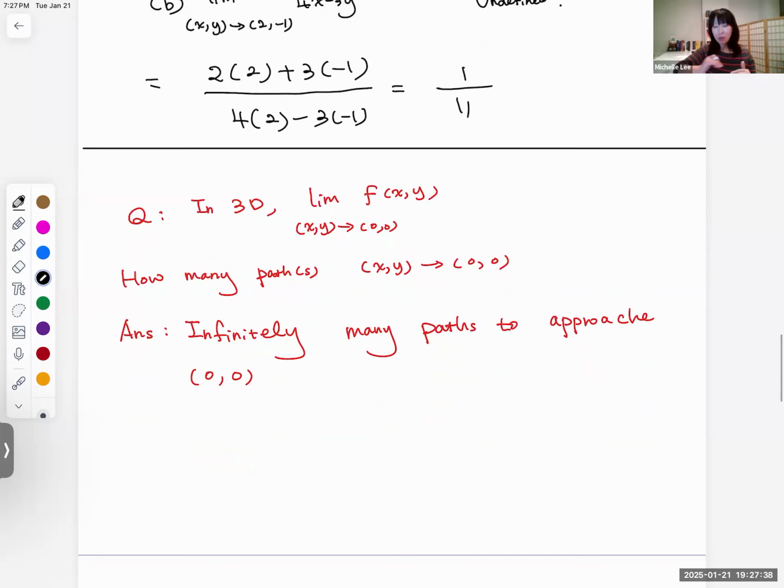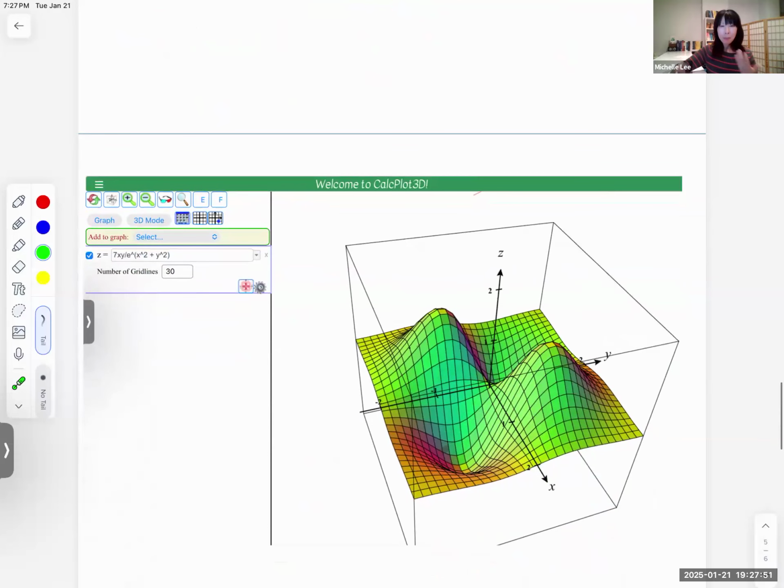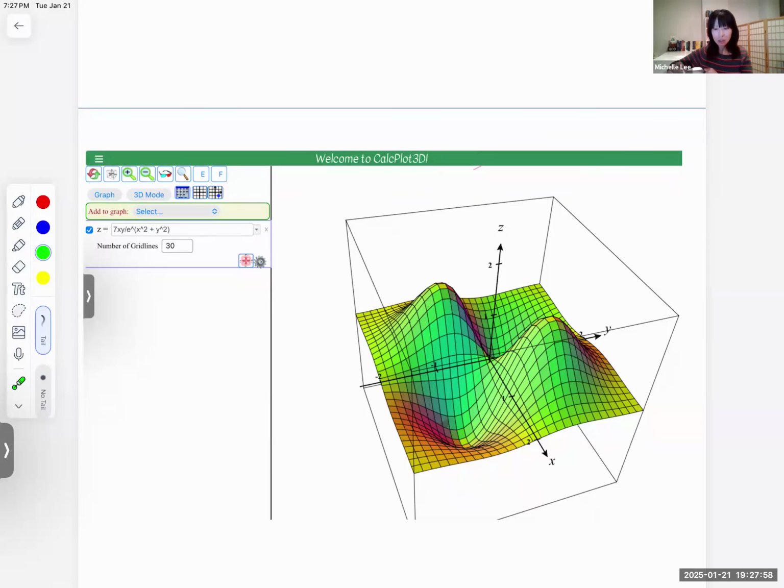So look, we have x and y, right? In 2 dimensions it's just 0, 0. But in 3 dimensions, I picked just a random function there. We want to go to 0, 0.